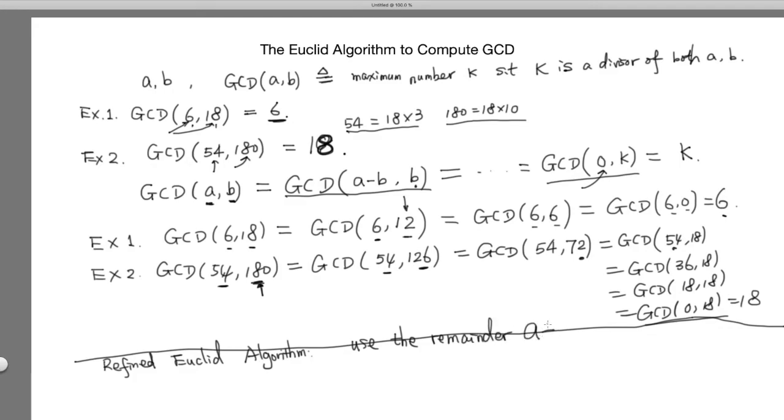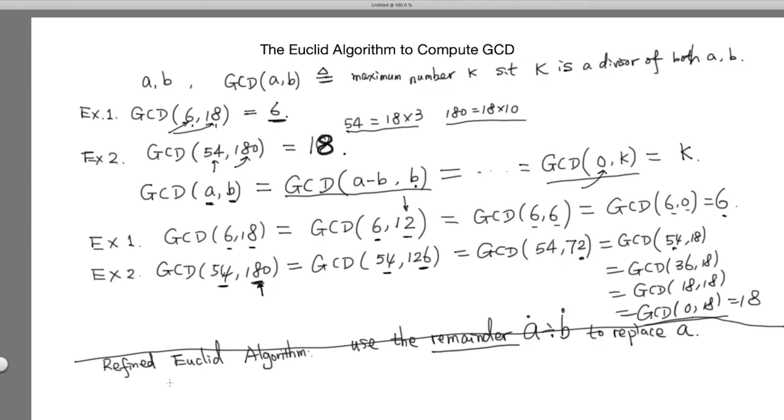Remember, A is the large number, B is the smaller number. We use the remainder of A divided by B to replace A. And this will result in a very, very fast algorithm.